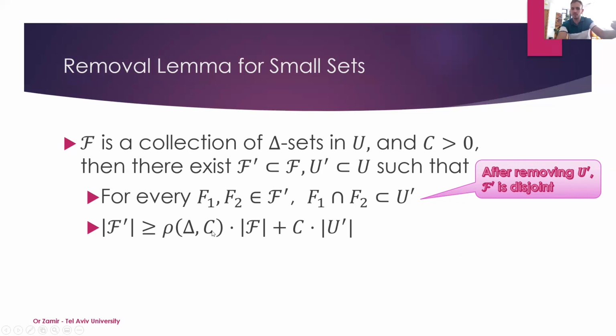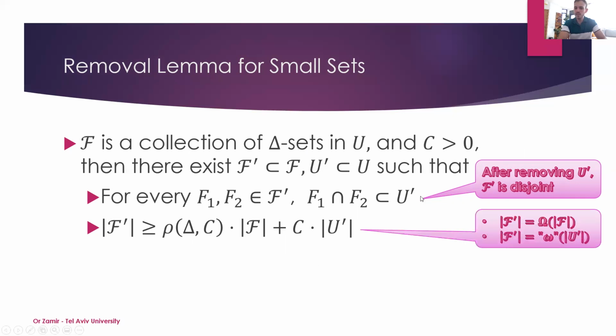This function is positive for every input delta and C. So we have this constant times the original size of the collection, the size of F, and we add to that this arbitrary constant that you picked times the size of U prime, the size of the subset of the universe we had to remove.